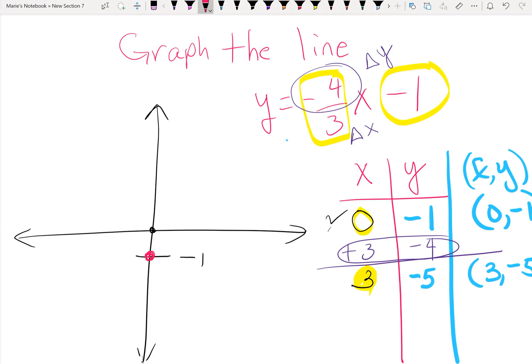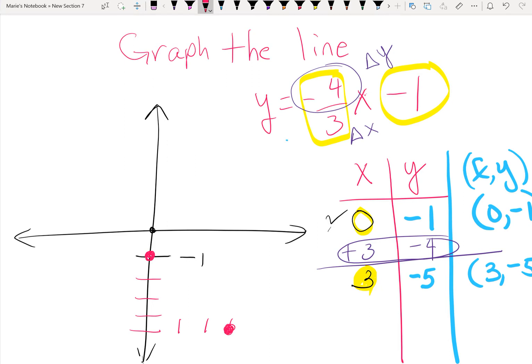That's our first point. If I use the concept of the count of the slope, I'm going to count 1, 2, 3, 4, and over positive 1, 2, 3. So my next coordinate point should be right here.